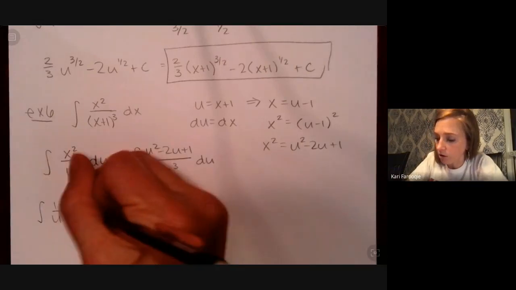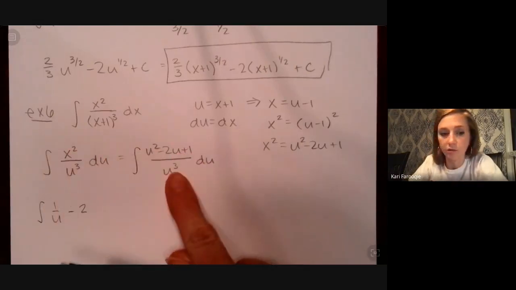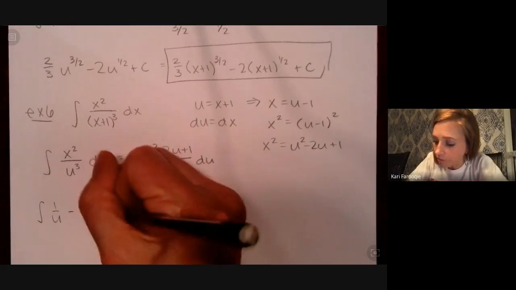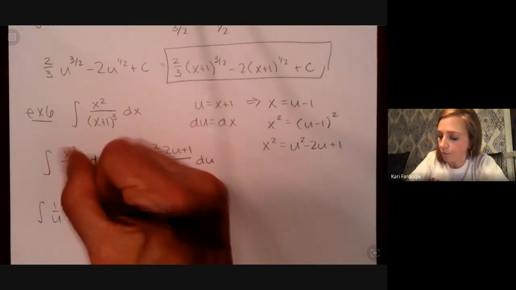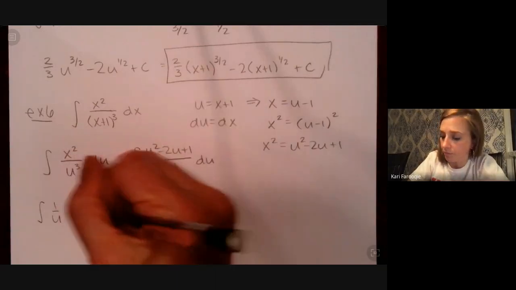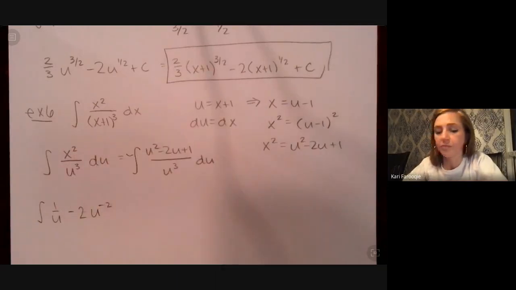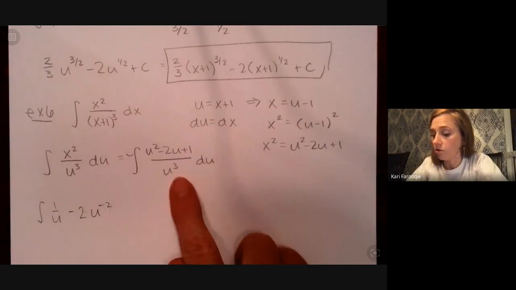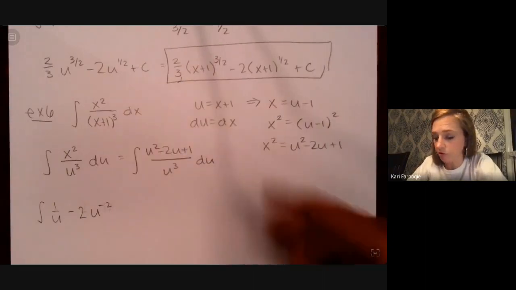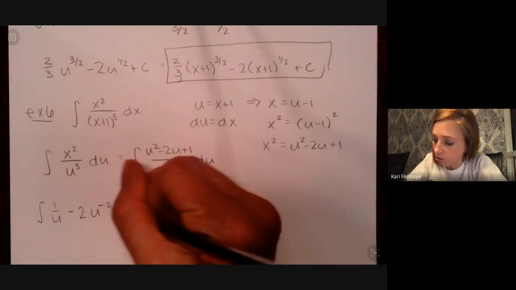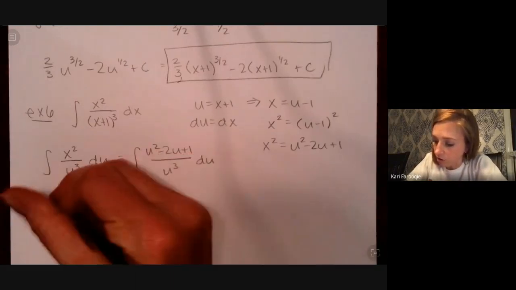And then we'll have minus 2 times u to the -2. And then when you take 1 and divide it by u cubed, you'll still have just u cubed in the denominator. So write that in the numerator as u to the -3rd.